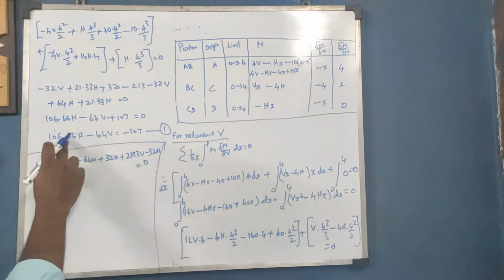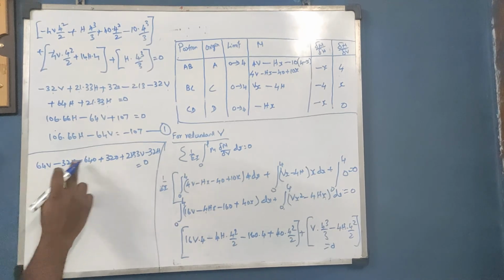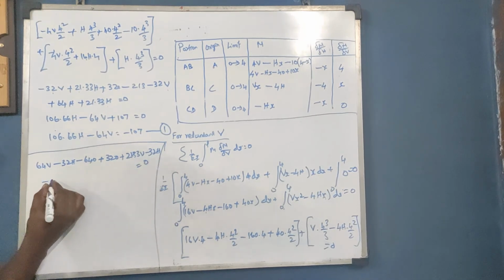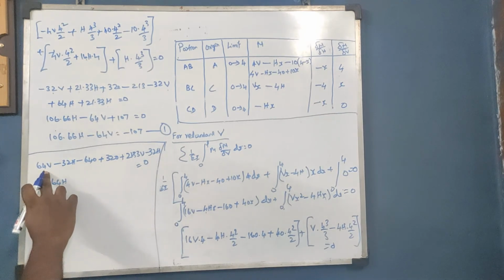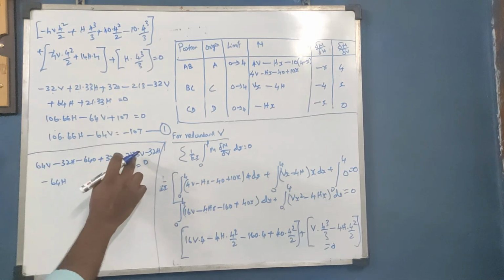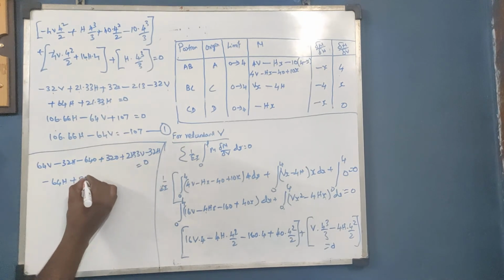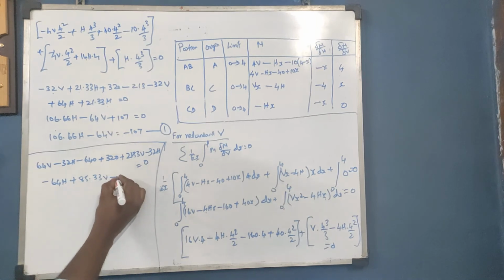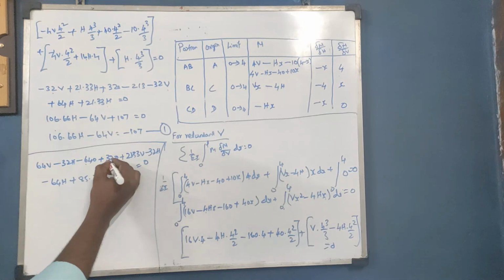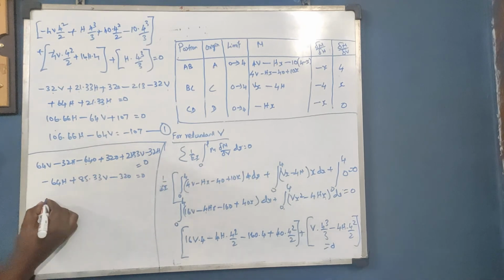Therefore, the formula is hV. You can take h minus 32h minus 32h, it is minus 64h, and plus 64V it is, and 21.33 plus 85.33V, minus 640 minus 320 is minus 320 equal to 0.